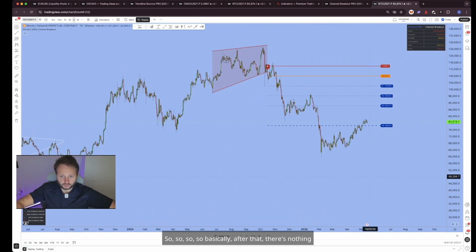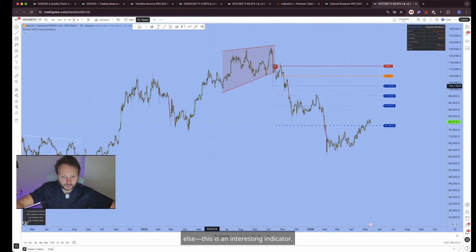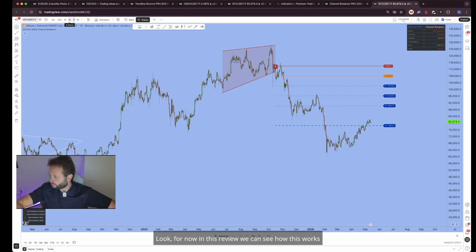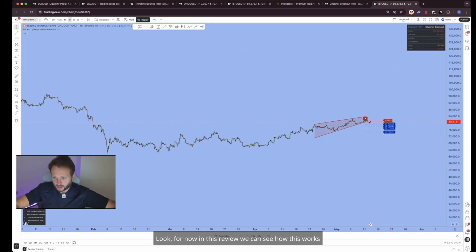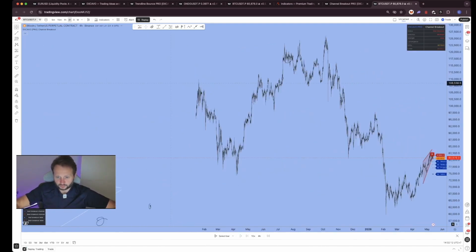So basically after that, there's nothing else. This is an interesting indicator. At the very least, this could be another confirmation because backtesting, especially on higher time frames, shows very good results. Here, the numbers can't lie. Look, for now in this review, we can see how this works on the 4-hour chart.